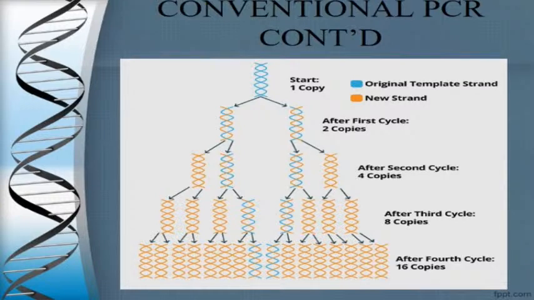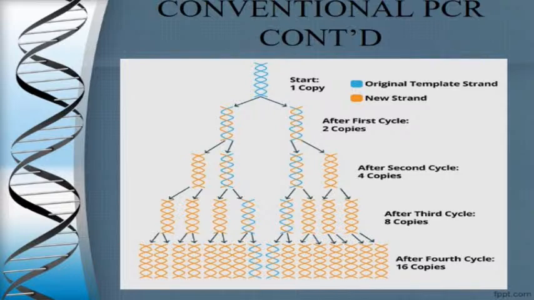So after you are done with the PCR, conventional now, there's a need for you to do gel electrophoresis on the PCR product you have, to be able to analyze your results. Electrophoresis is a method of separation and purification of macromolecules such as DNA, RNA, and proteins based on their net charge and what?